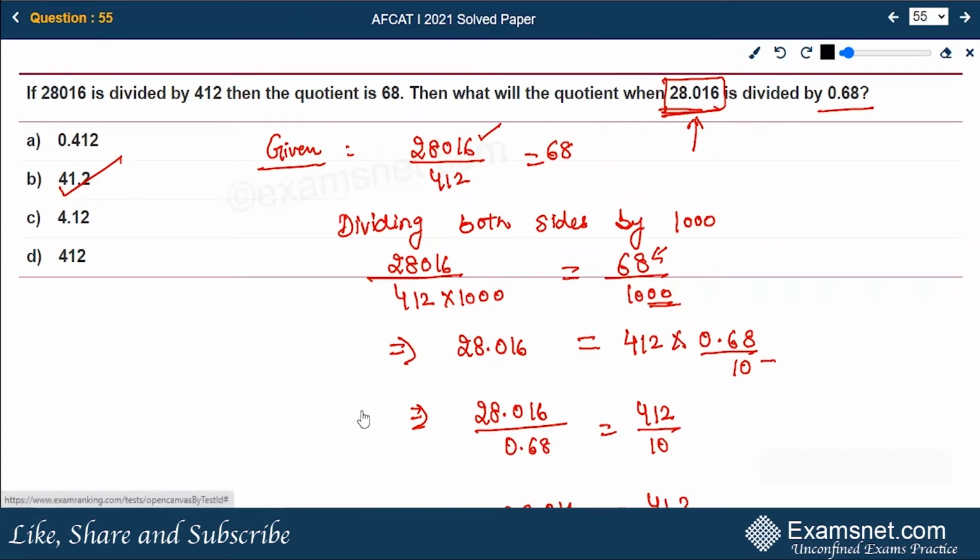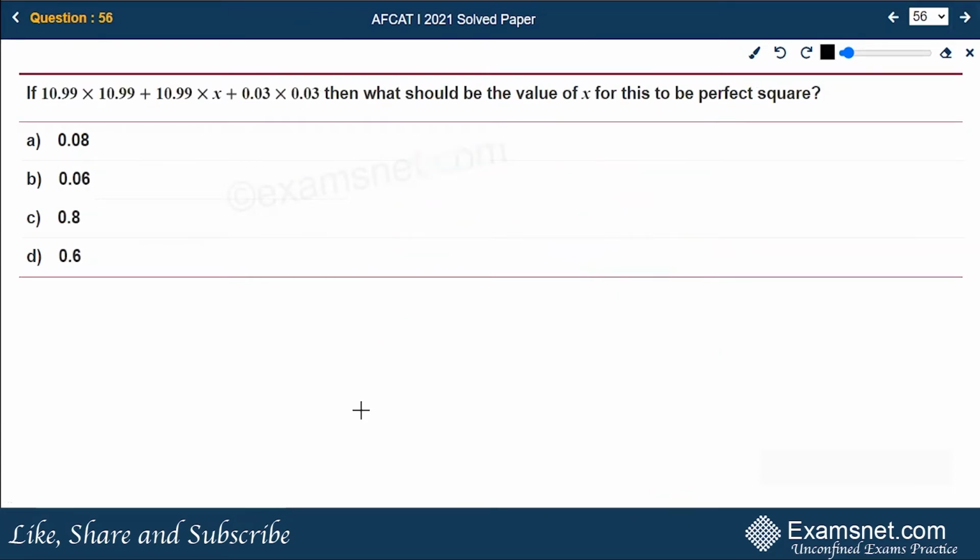Next, question number 56. If 10.99 multiplied by 10.99 plus 10.99 into x is equal to 0.03 into 0.03, then for what value of x this whole expression will be a perfect square? Analyze this expression very carefully. You have one term, second term, third term. Three terms are there.